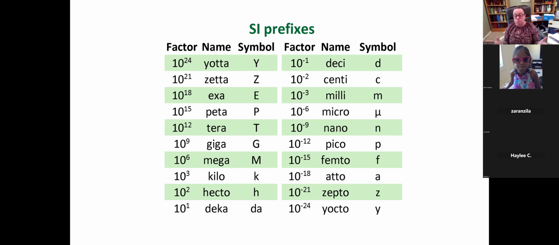Which ones are we going to use? Well, we're going to use these ones here, the ones with the little stars. So this is your first list of things to memorize. These are 9 metric prefixes you're going to be responsible for knowing without looking them up.